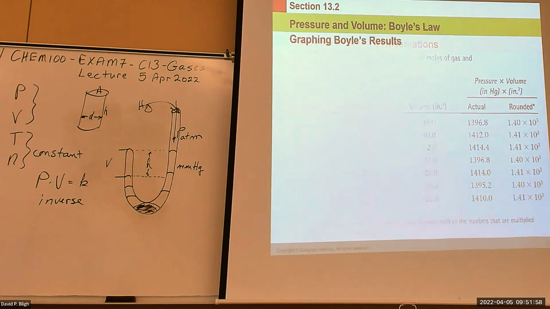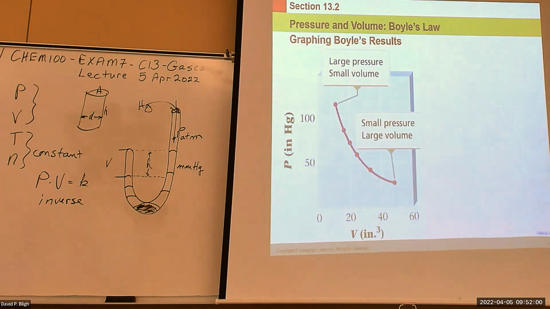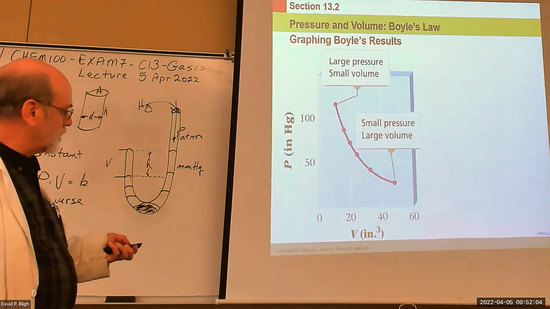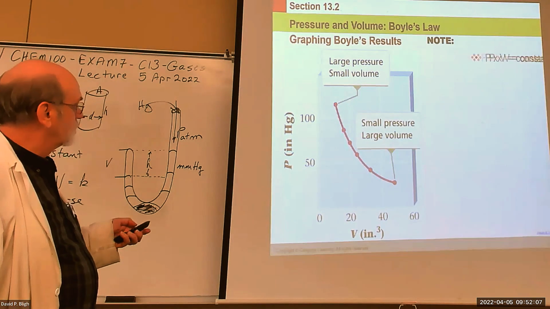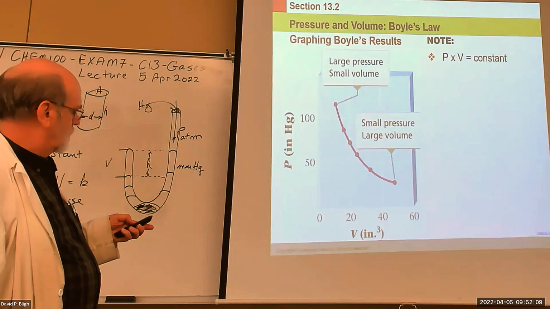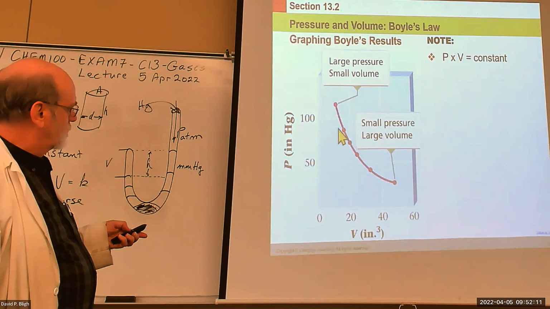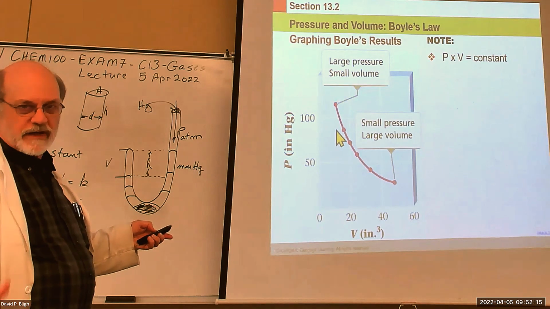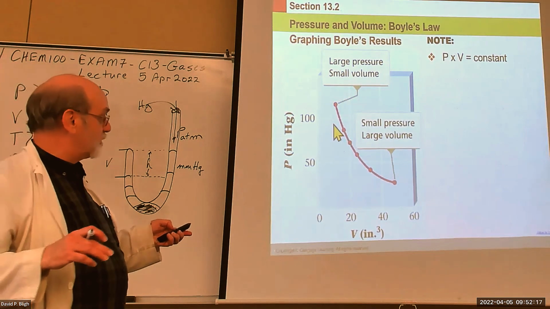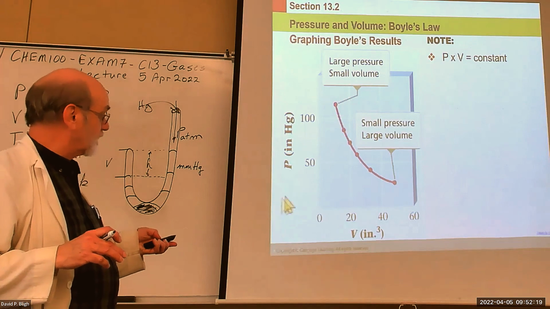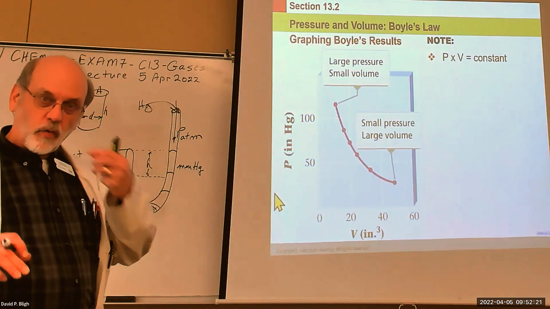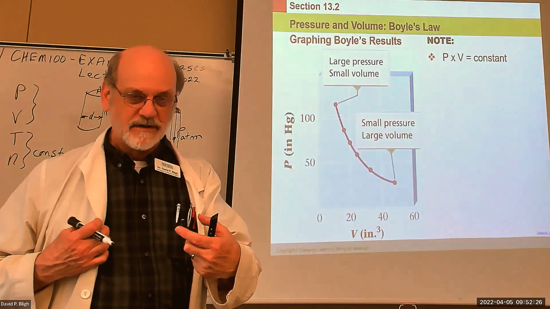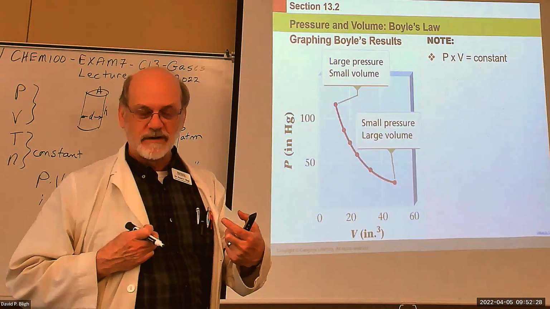And we can graph those. So if we graph those values, if we put the volume down here, actually, well, this is okay for illustration purposes, but mathematically speaking and experimentally speaking, which value did the researcher change? The researcher changed the pressure.